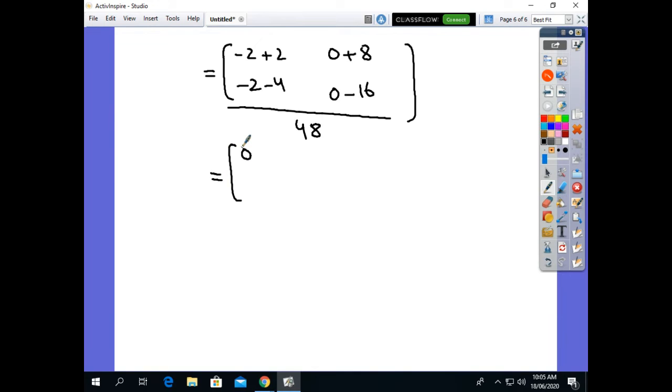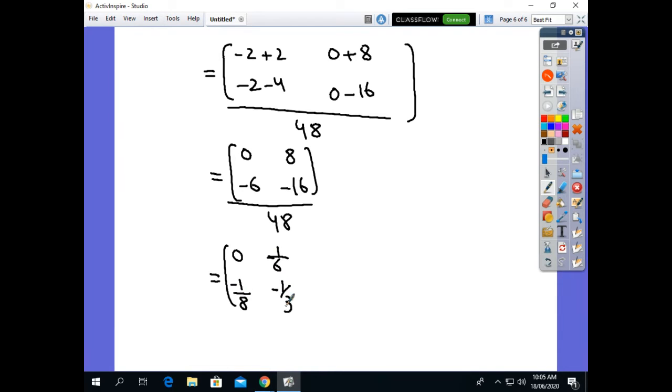After simplification, it becomes 0, 8, -16 divided by 48. After dividing by 48, we have 0, 1 by 6, -1 by 8, and -1 by 3. We call this equation 2.